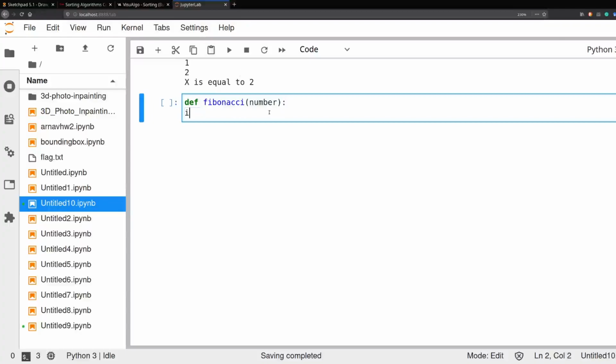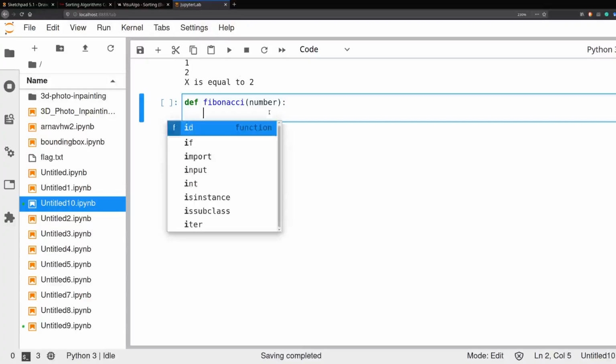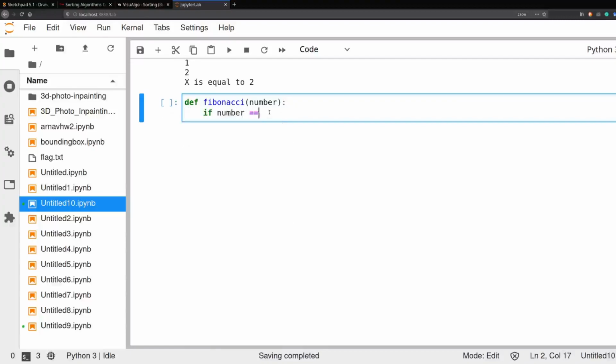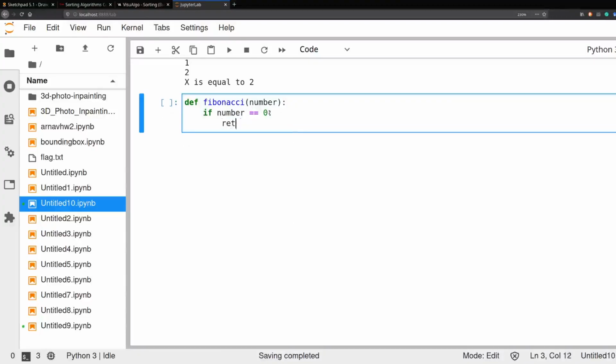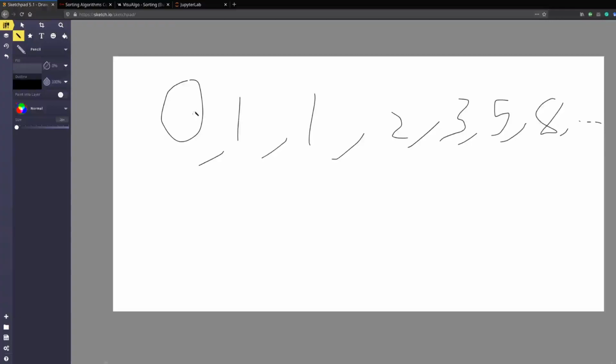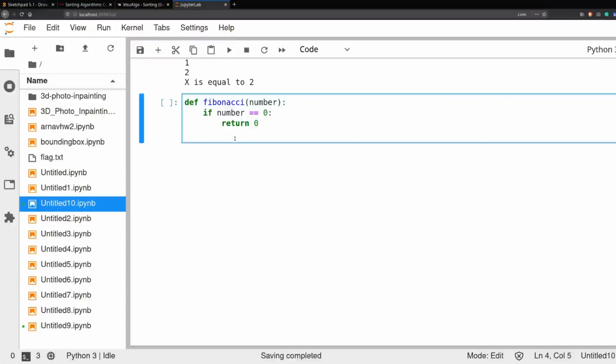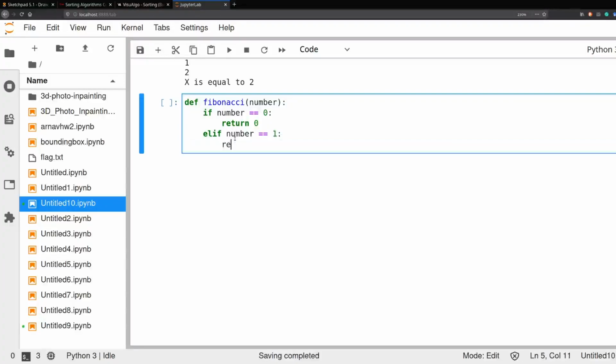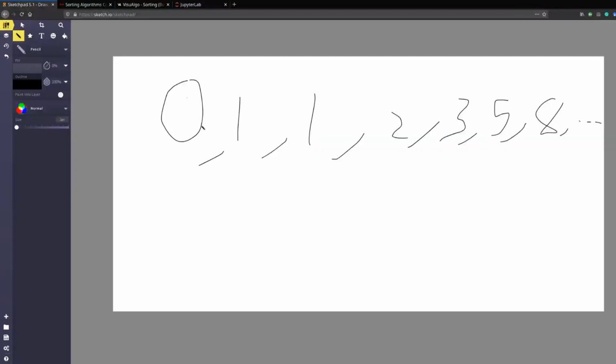So if the number is equal to 0, we can go ahead and return 0, because we know that the 0th place is always going to be 0. And the same thing if number is 1, we can always return 1, because we know the first place is always going to be 1.